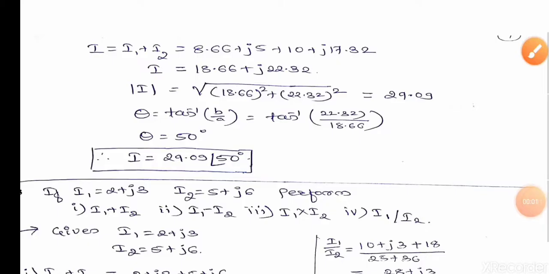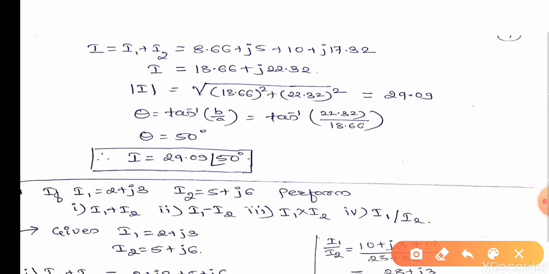Next, we have to find out the summation, that is I equal to I1 plus I2. That is equal to 8.66 plus j5 plus 10 plus j17.32.